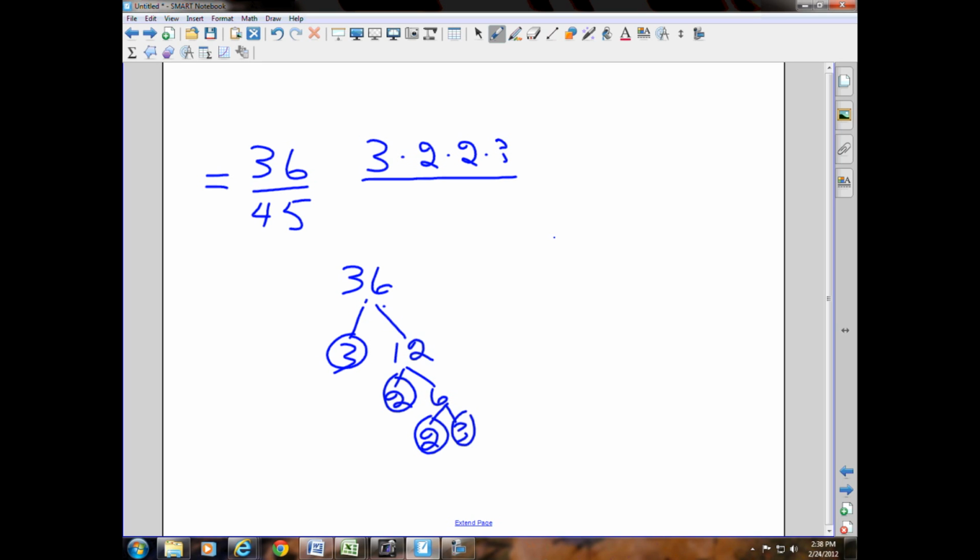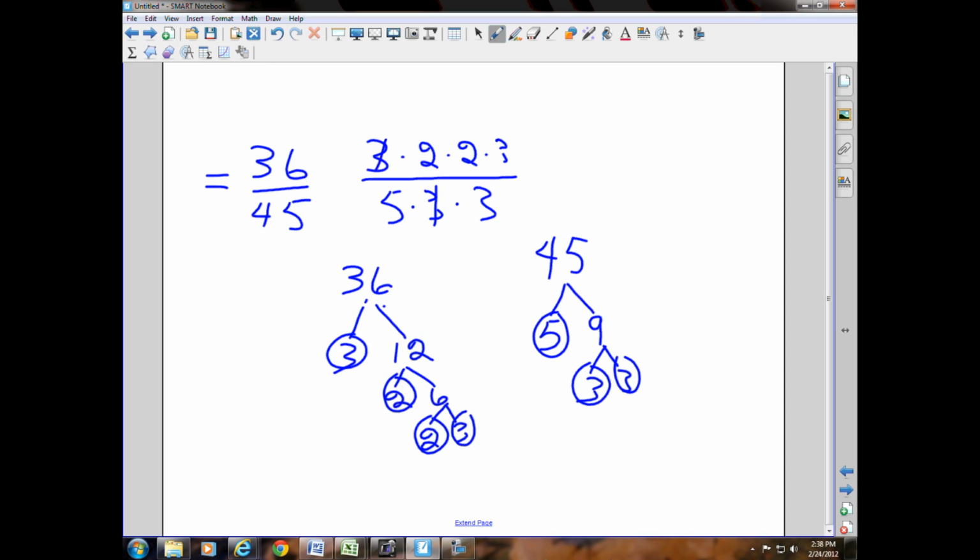We're going to do the same thing with our bottom number, 45. Okay. 5 times 9 is 45. And 3 times 3 is 9. So these are our prime numbers: 5 times 3 times 3. And now we can cross out our numbers that are the same.